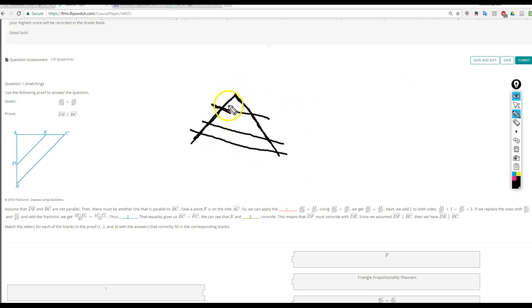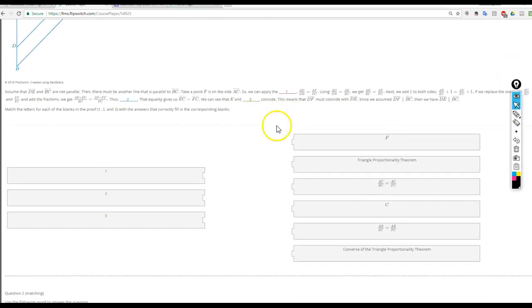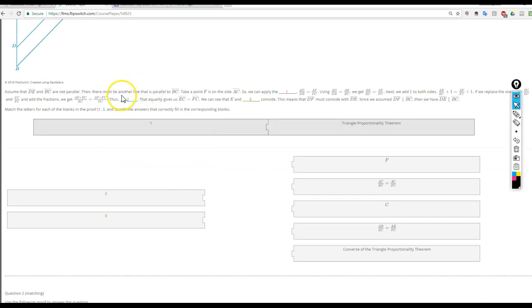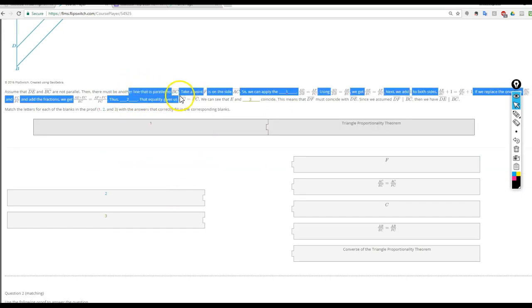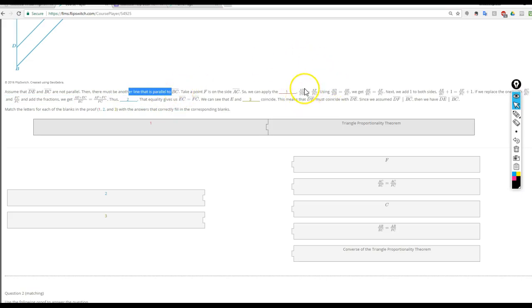So no matter how you set up that ladder, this portion divided by this portion would give you the same number as this portion is to this portion. So I remember it as a ladder. So blank 1 is going to be our triangle proportionality theorem because it's stating that there has to be another line that is parallel. And then it's giving us the ratios of the sides that it's splitting.